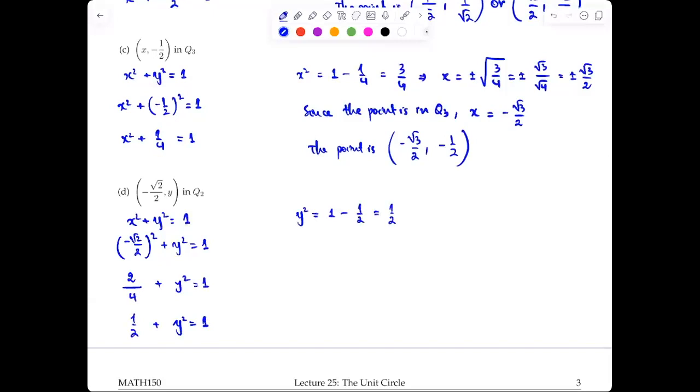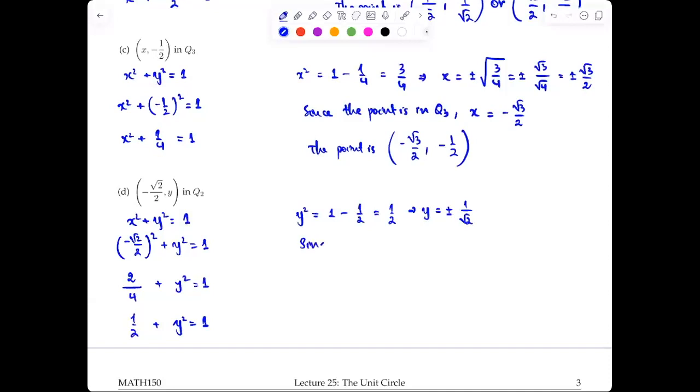Right. And then you take the square root on both sides of this equation. So very similar to what we have on the board here, except now you have y squared equal to 1/2. Take the square root on both sides, you should have plus minus 1 over root 2. And the point is in quadrant 2, therefore y is positive.